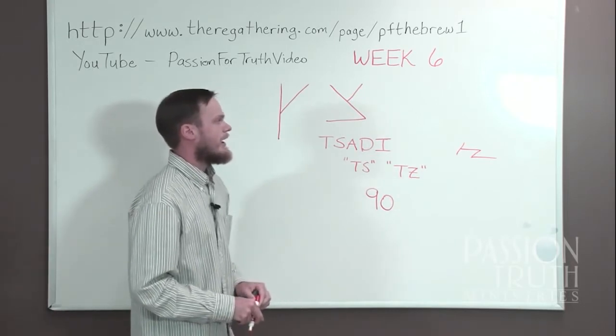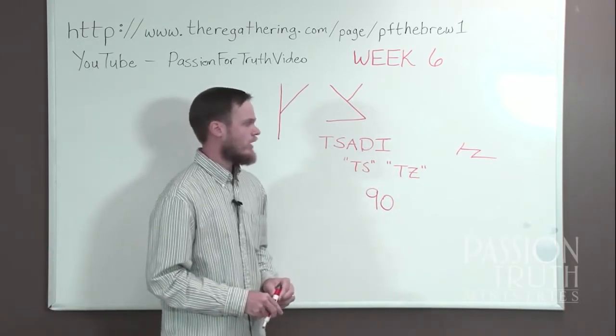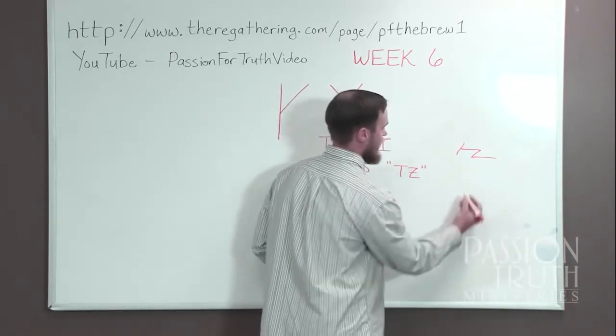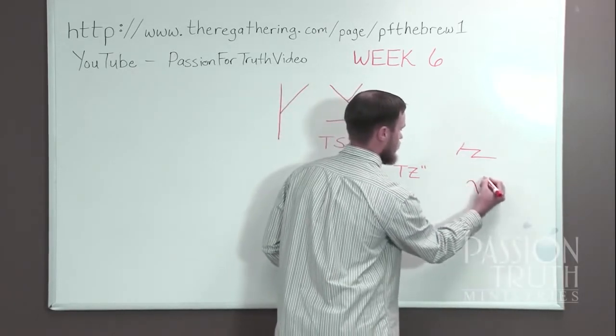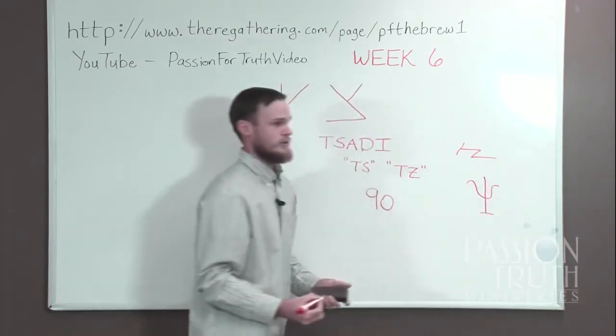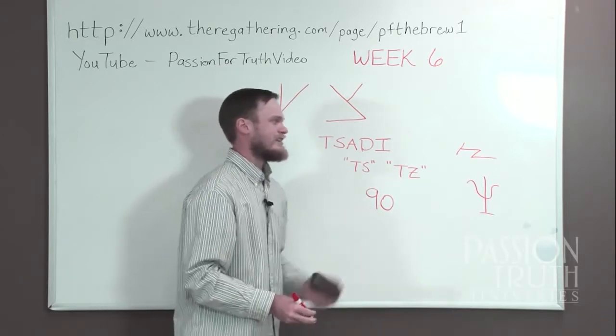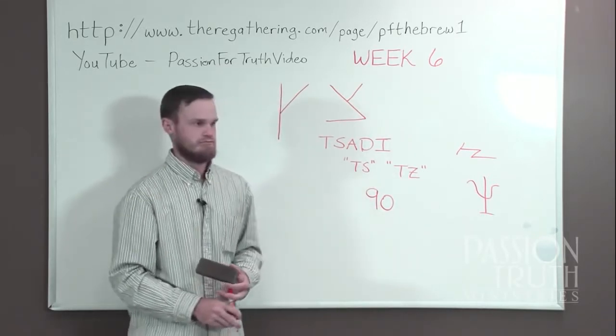The Tzadi does not have an English equivalent per se. It is possible that it became the Greek psi, which makes a PS sound instead of a TS sound. If it is the psi, it's out of order.